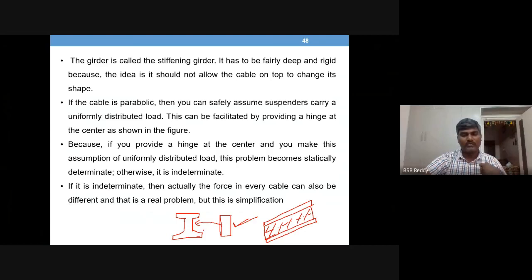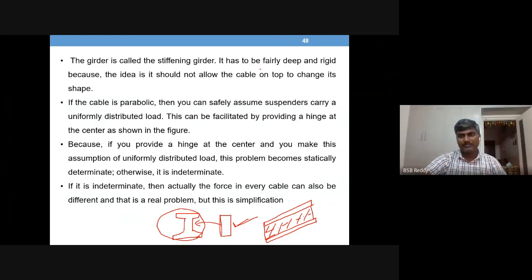If you go underneath a flyover, which are very common, you can clearly visualize the cross section of the girder.